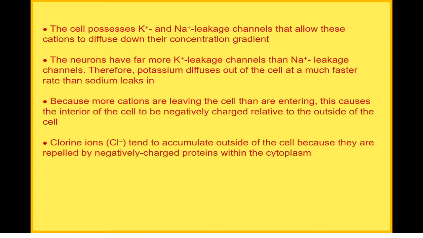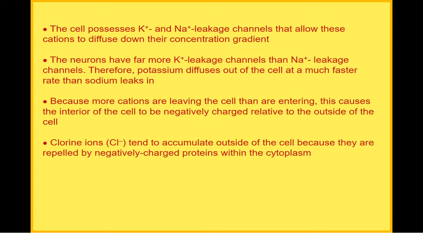The cell possesses potassium and sodium leakage channels that allow these cations to diffuse down their concentration gradient. The neurons, nerve cells, have far more potassium leakage channels than sodium leakage channels. Therefore, potassium diffuses out of the cell at a much faster rate than sodium leaks in. Because more cations are leaving the cell than are entering, this causes the interior of the cell to be negatively charged relative to the outside of the cell.